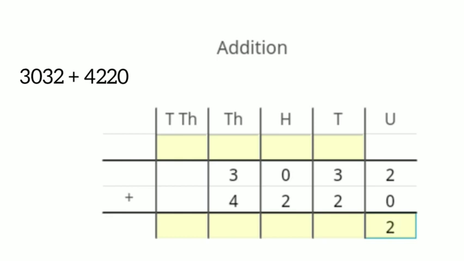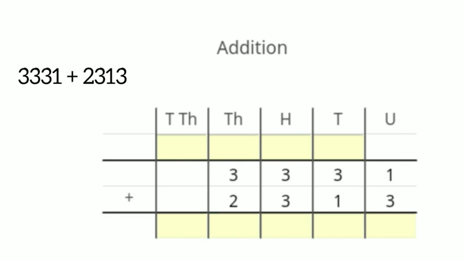Now at the tens place, 3 plus 2 is 5. Hundreds place, 0 plus 2 is 2. Thousands place, 3 plus 4 is 7. So the answer is 7252.